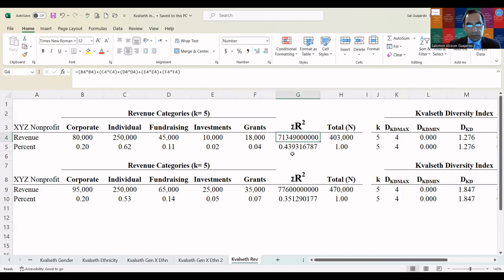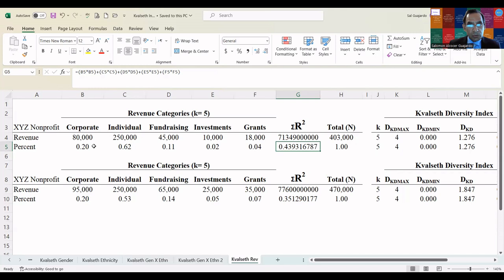The squared value, that is each revenue source times itself. So that's going to be 80,000 times 80,000 plus 250,000 times 250,000 plus 45,000 times 45,000 plus 10,000 times 10,000 plus 18,000 times 18,000. That gives me the sum of squares.